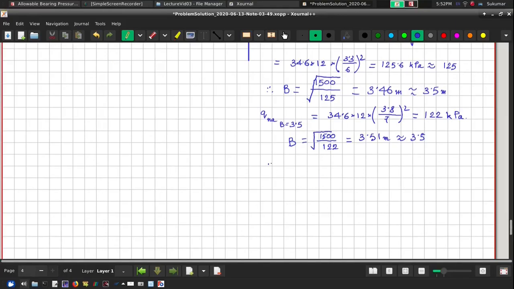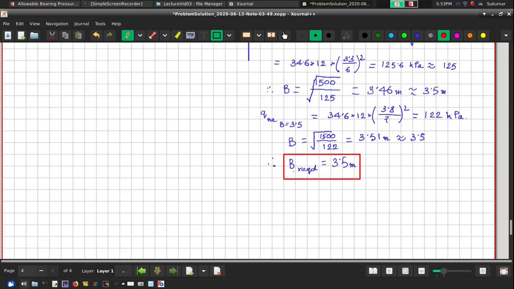So therefore my B required is 3.5 meter. All right, so this is one result. Now I need to check whether this B gives me the bearing capacity.